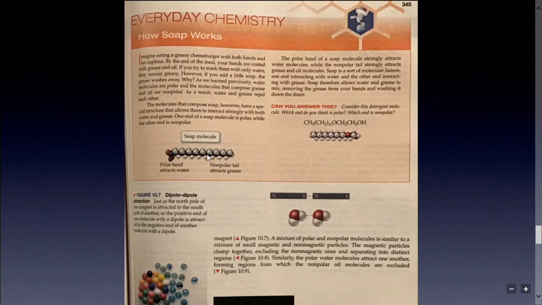And basically the soap will be attracted to the membrane of the virus, and then it'll take it away from your hands, but then you still got to get it down the drain. And so that's why the polar head makes this attracted to water. Otherwise the water would not be attracted to the nonpolar virus or an oil.